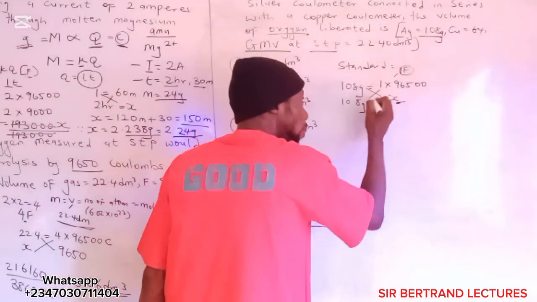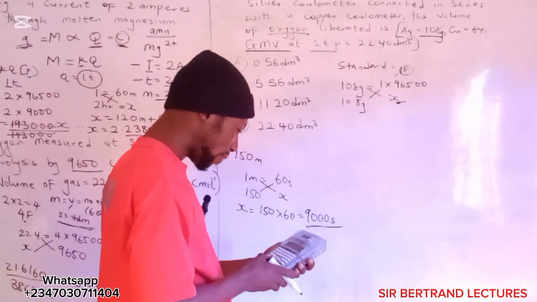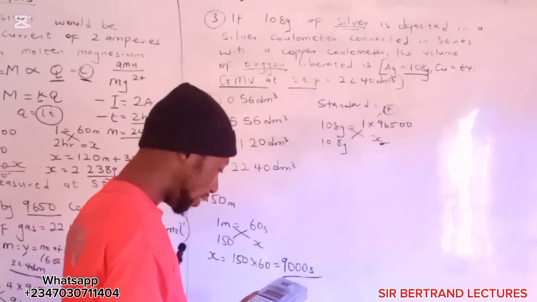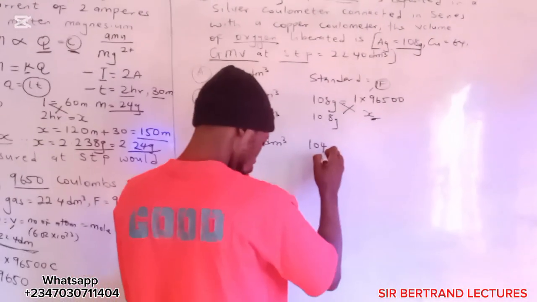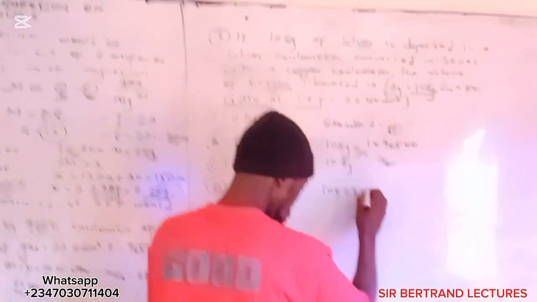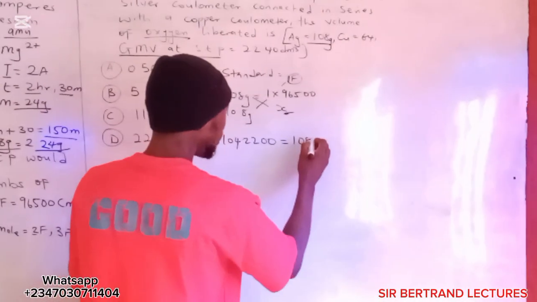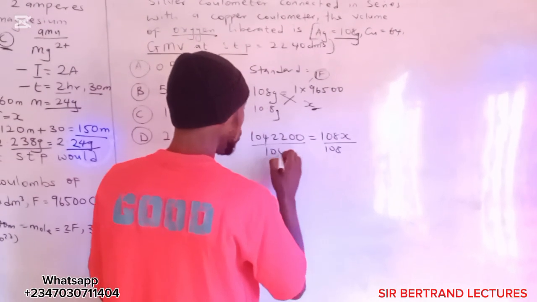So here you have to cross and multiply. If you cross and multiply, you have 96500 multiplied by 10.8, that will give us 1042200 against 108s. Divide by 108, divide by 108.